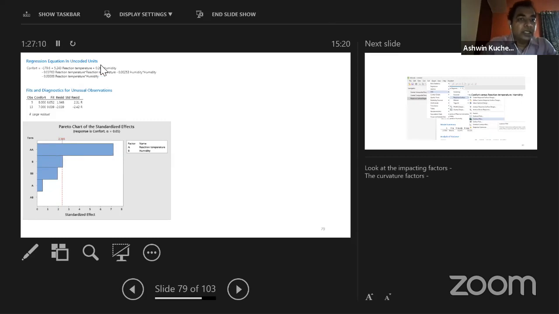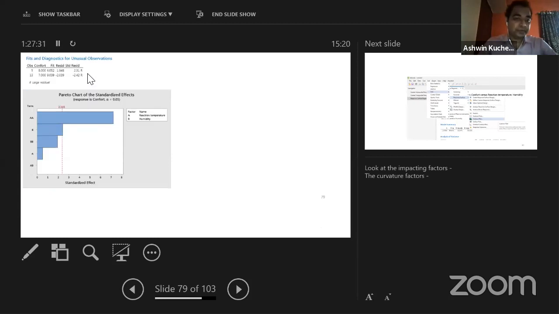So these values will be more important when you select the curvature term, because this is a response surface methodology, and in response surface methodology, when there is a curve, the factor should be taken into consideration. Look at the impacting factors which are more impacting, and the curvating factor which is called the quadratic terms.